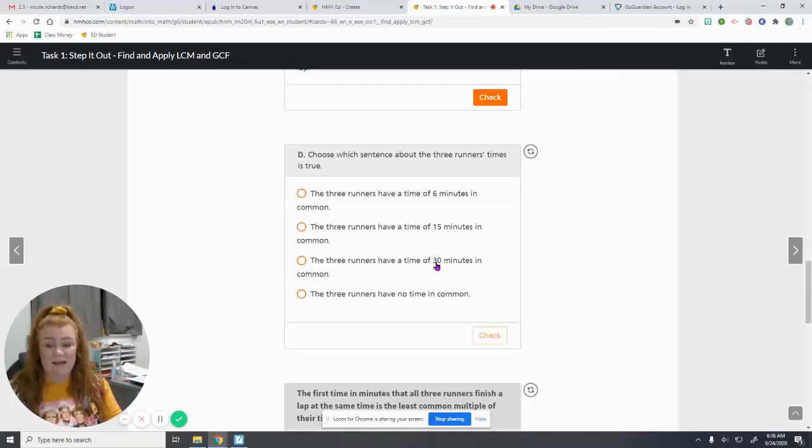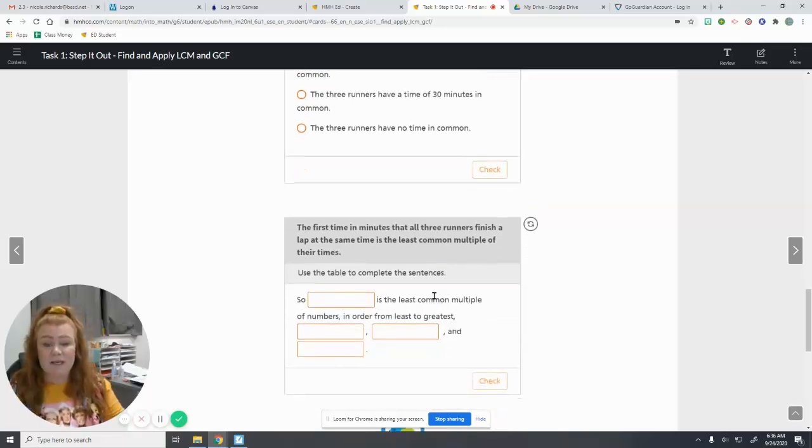So the LCM for 3, 5, and 6 is 30 minutes. After they have been running for 30 minutes, they're all going to sync back up and cross the finish line or the starting line together. And it's not true that they have no time in common. They did have 30 minutes in common.